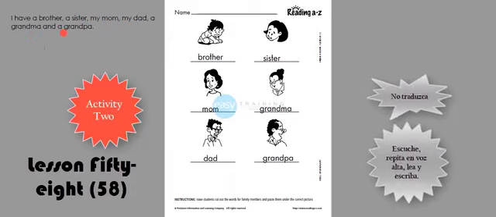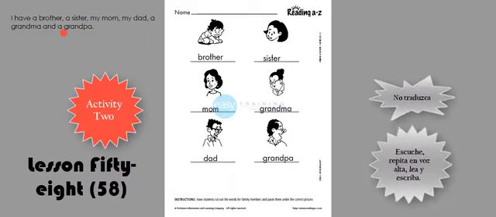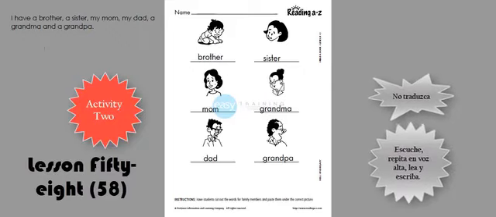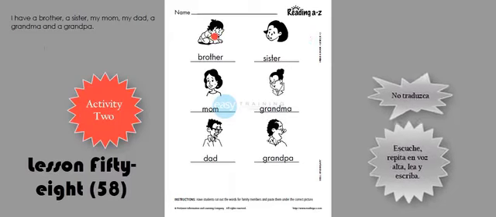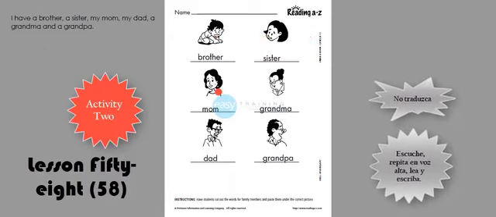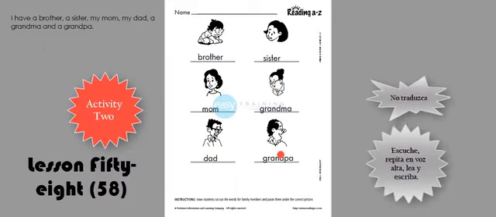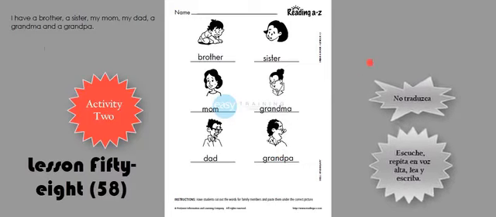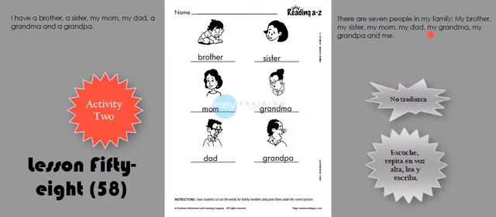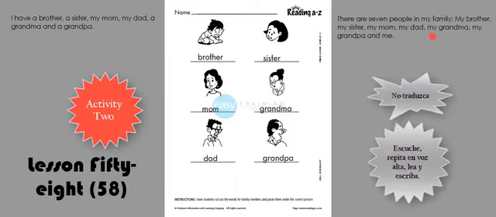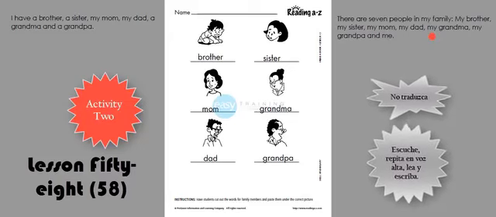Y ahora lo voy a hacer desde la perspectiva de cuántas personas hay en my family. There are 7 people in my family. My brother, my sister, my mom, my dad, my grandma, my grandpa, and me. Déjame escribirlo. Here is the description. There are 7 people in my family. My brother, my sister, my mom, my dad, my grandpa, my grandma, and me.